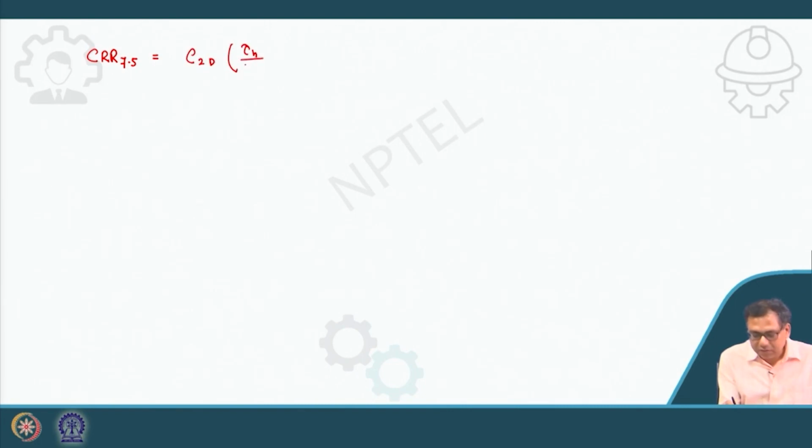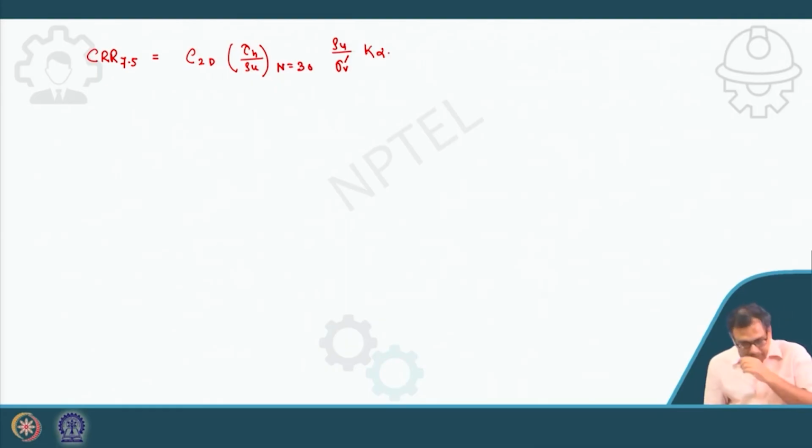Now if this is the case, then I can write that my CRR 7.5 is equal to C2D times tau cyclic over SU for N equal to 30, into SU divided by sigma V dash, into K alpha. It is sigma V dash or sigma V dash 0, all are same.